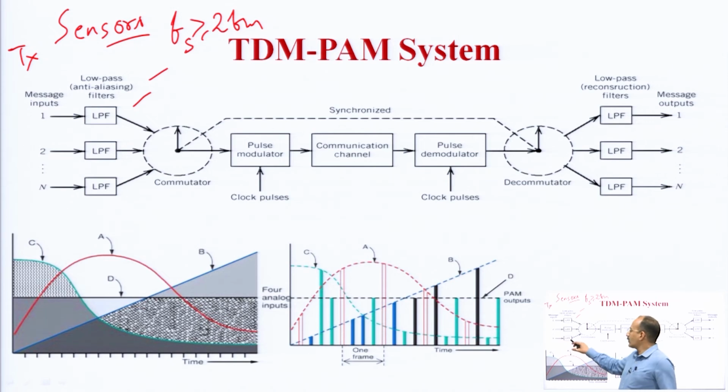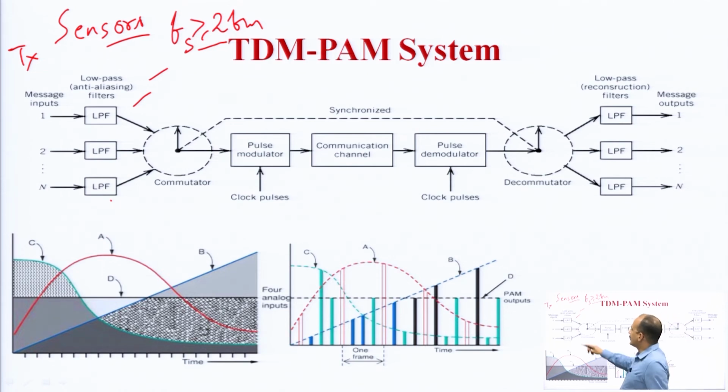So, this particular first LPF low pass filter is used here to maintain this sampling theorem, and this is designed in such a way that the low pass filter will work as anti-aliasing filters.